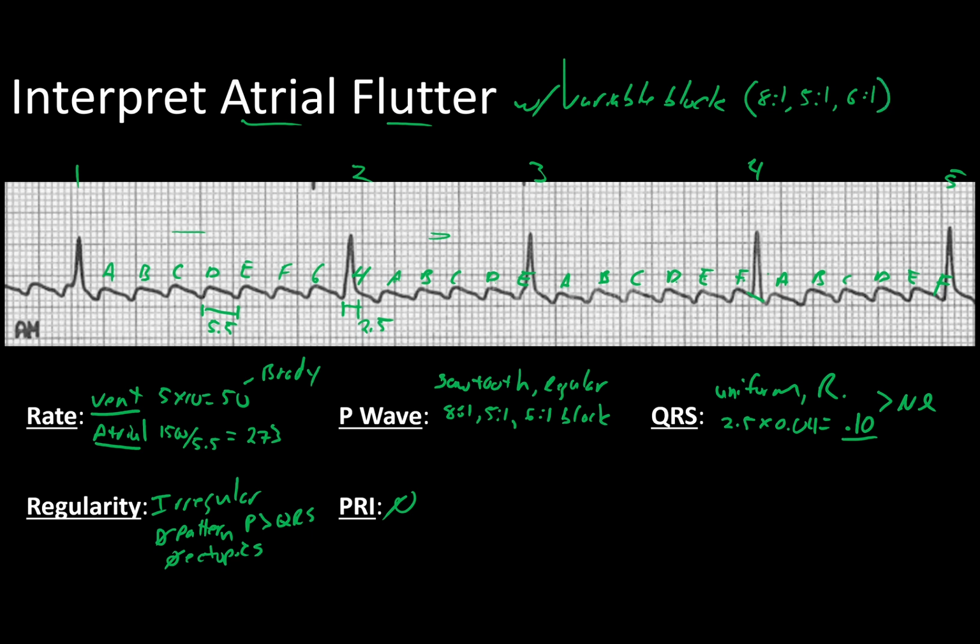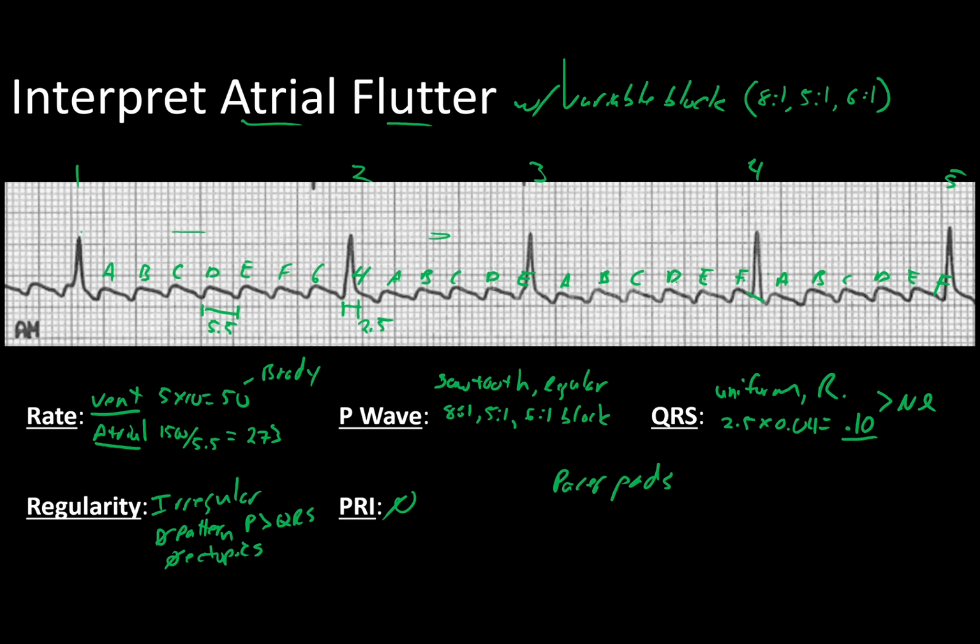As a side note, this patient should have pacer pads on their chest, because if this gets any slower, it could get really bad. I'm just going to point out something real quick here for you.